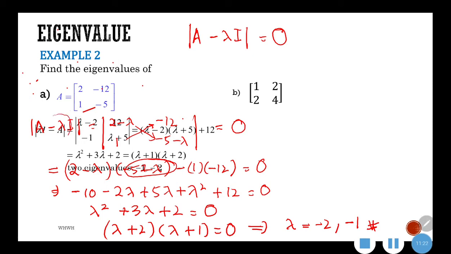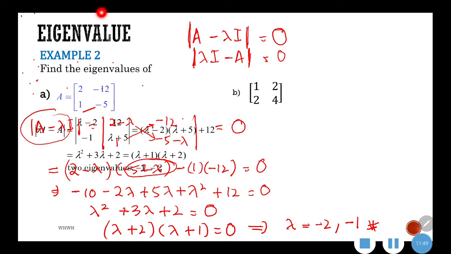Why? Because this one uses the formula minus lambda I minus A, while I use A minus lambda I. Actually it is the same, and it has been proven. Our answers are the same. That is why we put the modulus here. The modulus is actually the determinant, and for a determinant the sign does not matter. At the end, it will give you the same answer. Alright, so the answers are negative 2 and negative 1.